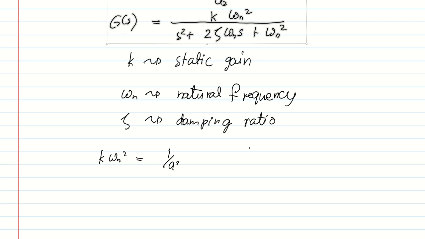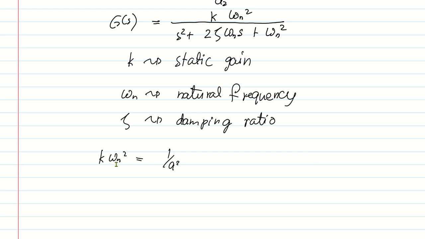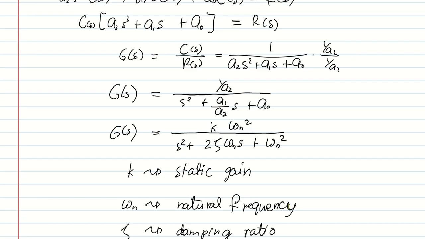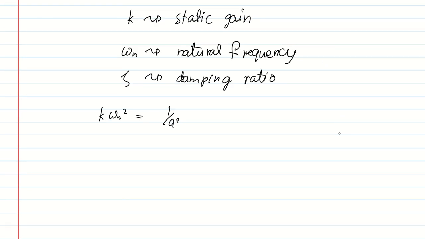Then, if you want to solve for these factors k and omega n, before that, we need to know the other factors here. So the first one that we can directly solve is omega n squared and a0. From that, omega n squared is just equal to a0. So if we solve for omega n, this is just equal to the square root of a0.